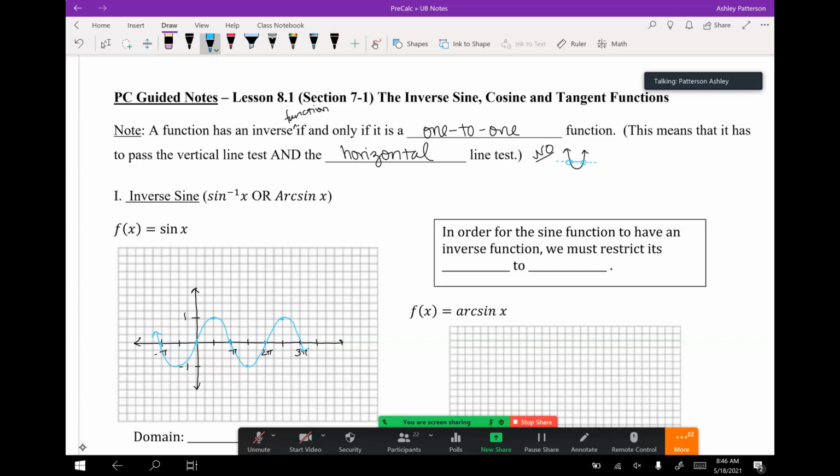It's not one-to-one. An example of a function that is one-to-one would be a cubic without really any vertical compressing. If we took our horizontal line, we would cross it just once.